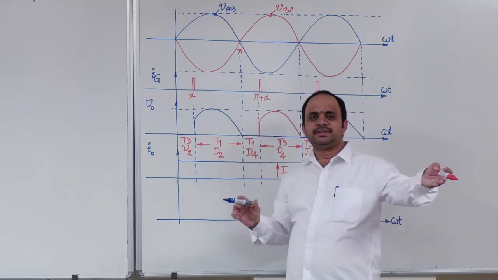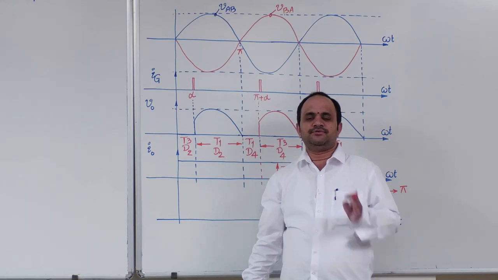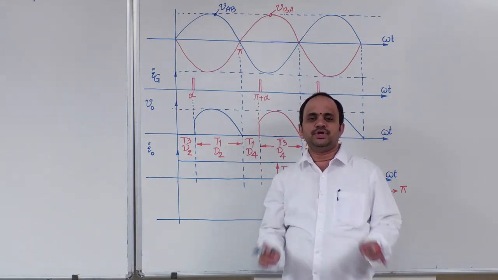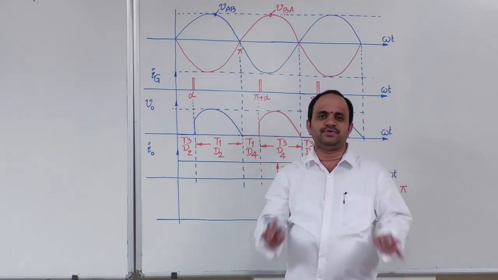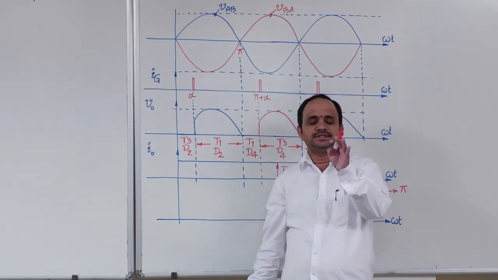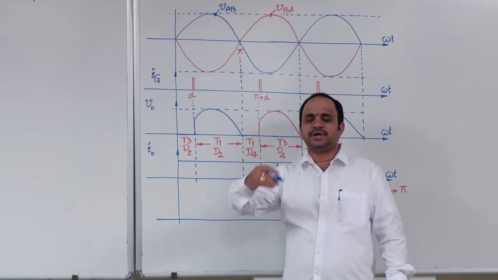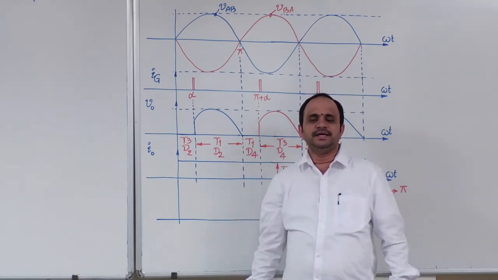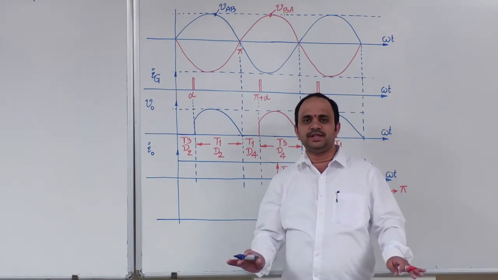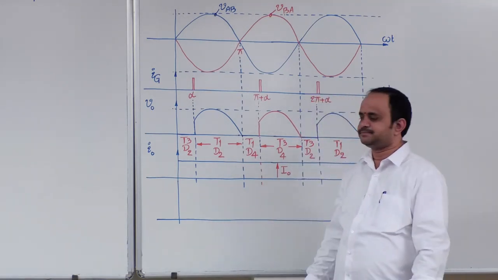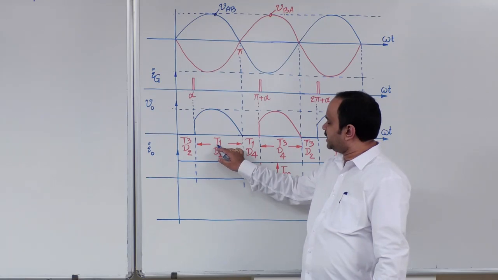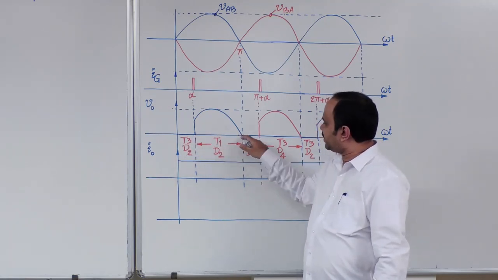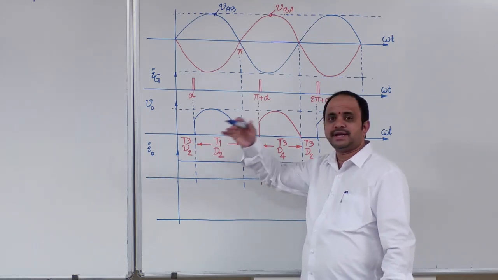We studied in our thyristor characteristics that for an SCR to complete its turn off process, we should give sufficient time for it to be safely turned off. Because SCR is a minority carrier device, whatever stored carriers it has have to be removed. For that, there should be sufficient time. If T1 is fired at alpha, T3 will be reverse biased for a period of pi minus alpha, so T3 gets sufficient time.